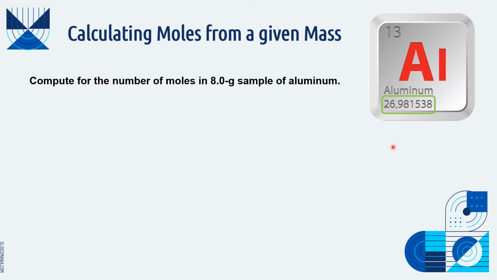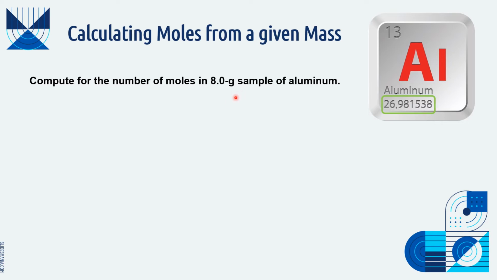Since we're looking for the number of moles in a given mass of a substance, we have to get the atomic mass or the molar mass of that element first, for us to be able to get the mole of that substance in the given mass.